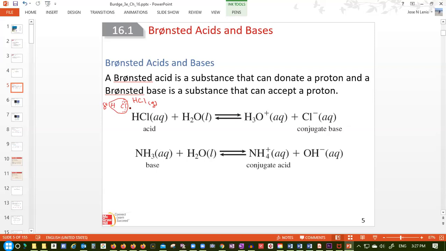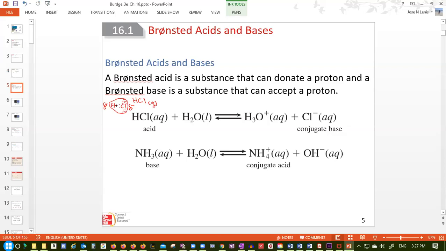And here, having a slightly negative dipole moment. Since this is more electronegative than hydrogen, the shared pair of electrons is closer to the chlorine atom.